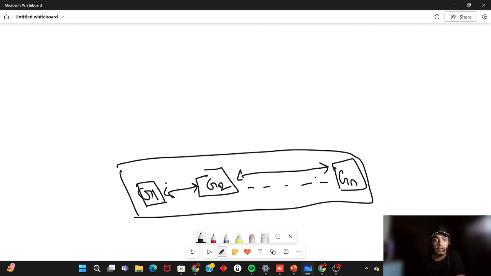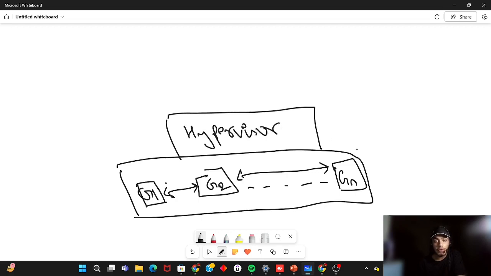Now, on top of these GPUs, you have something called a hypervisor to orchestrate the working of all of these N GPUs that you have here. On top of that hypervisor, you have something called a machine learning framework.